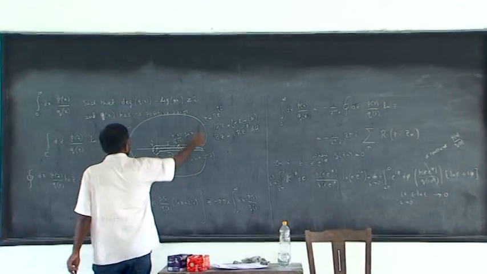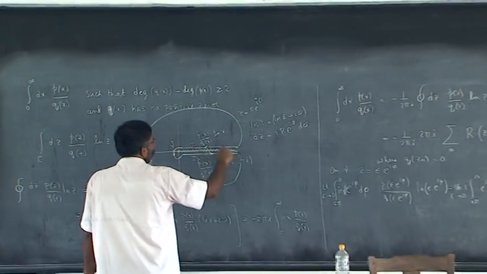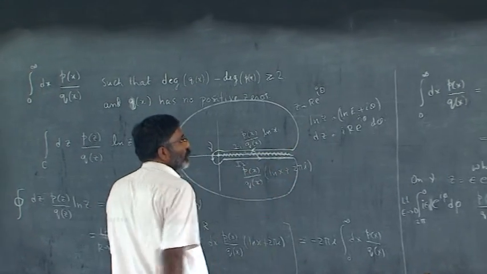So there is no contribution from this, there is no contribution from this. So we have these two contributions. From there we can get this.